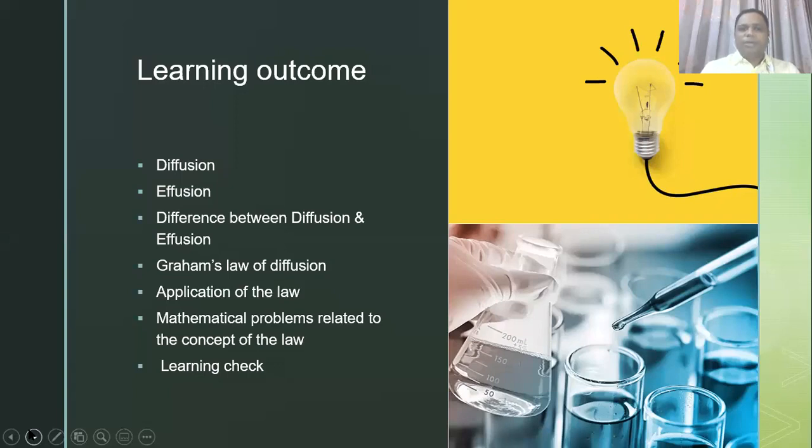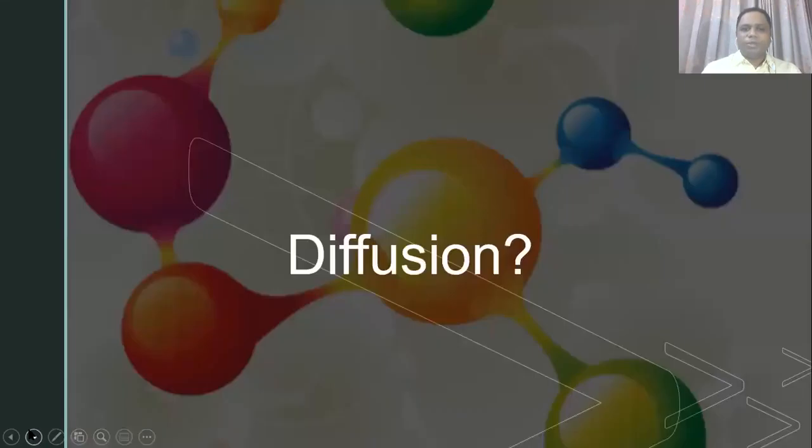Our main lesson is Graham's law of diffusion, and we'll learn about different applications of the law, mathematical problems, and finally we'll share some questions which will help us to check our learning on this concept. So let's start with our discussion on diffusion.